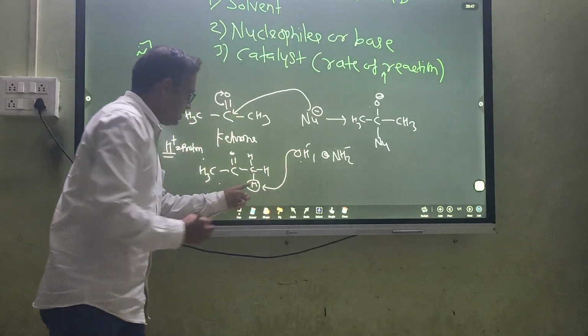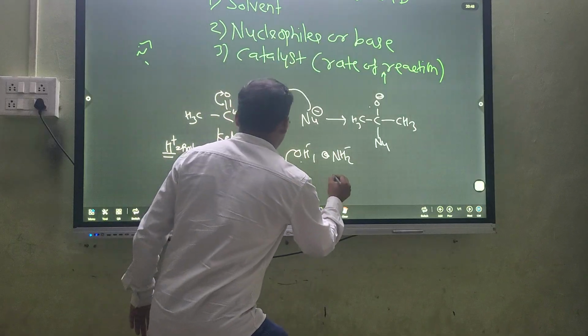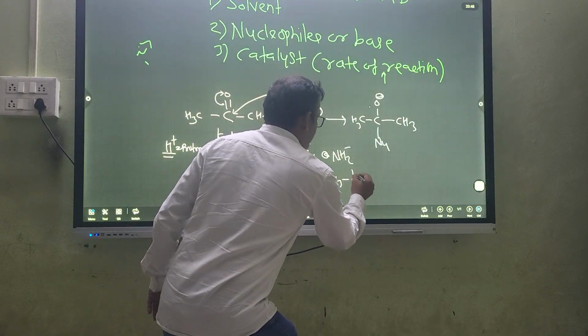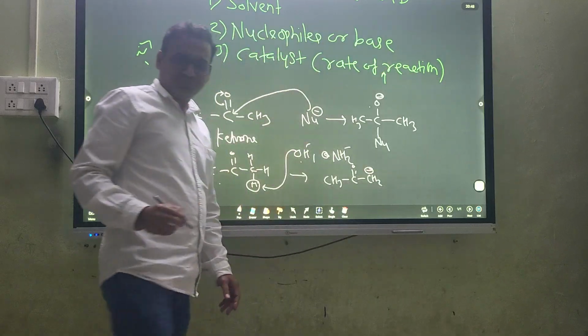The base can remove these hydrogen atoms and we get a structure like CH3, C double bond O, CH2 minus.